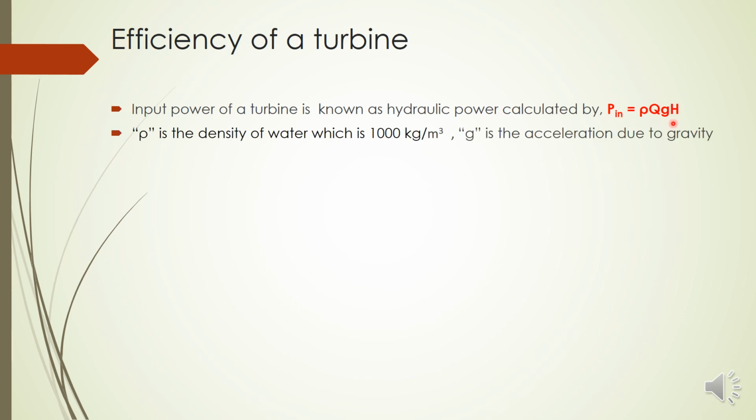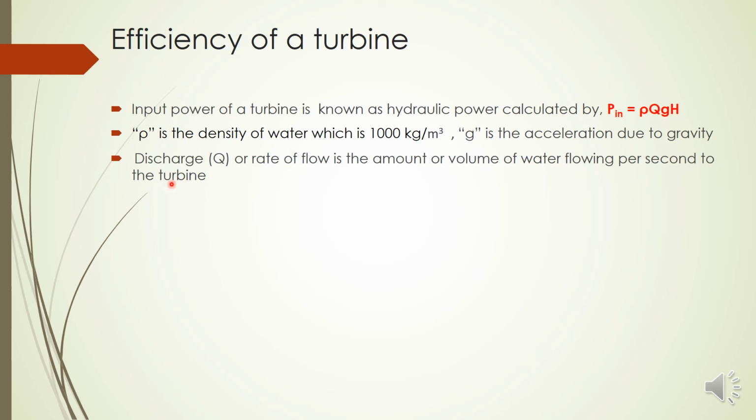So rho is the density of water, constant 1000 kg per meter cube. G is acceleration due to gravity, another constant, 9.81 meter per second square. Then only 2 parameters are there, Q and H. What is Q? Yes, discharge, or the amount of water flowing to the turbine in 1 second, in meter cube per second. The SI unit of discharge is meter cube per second.